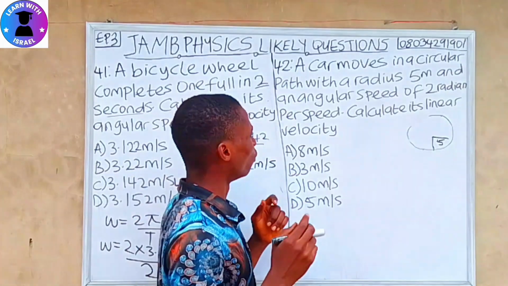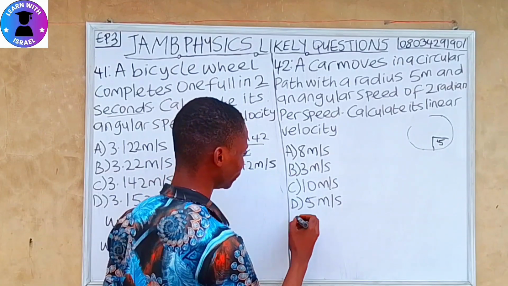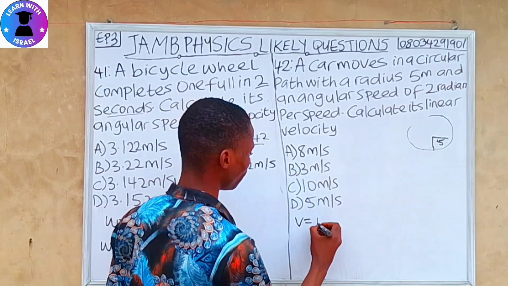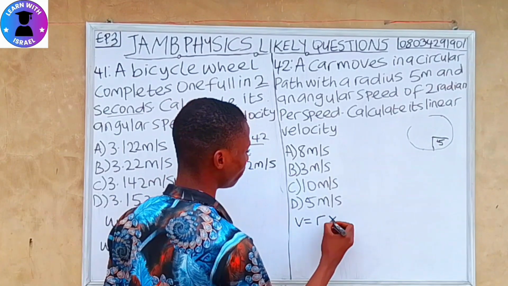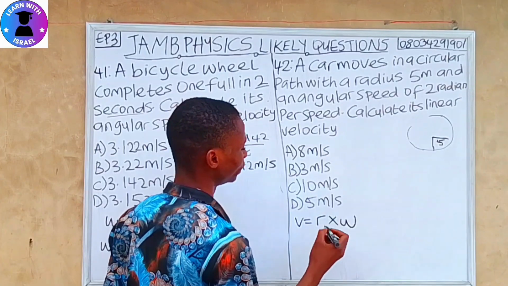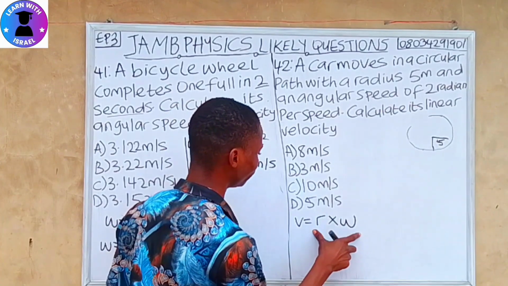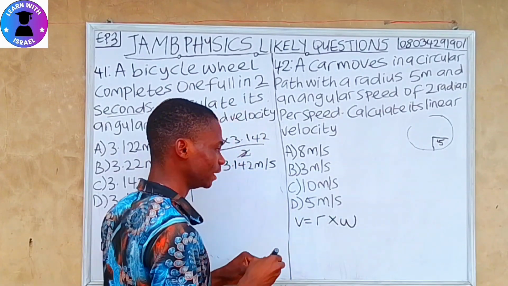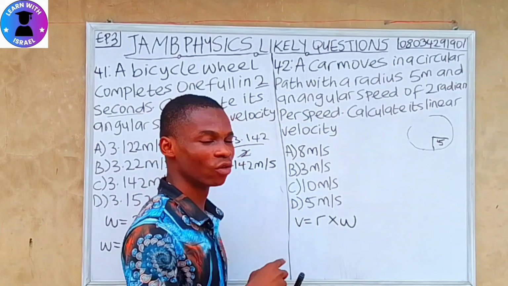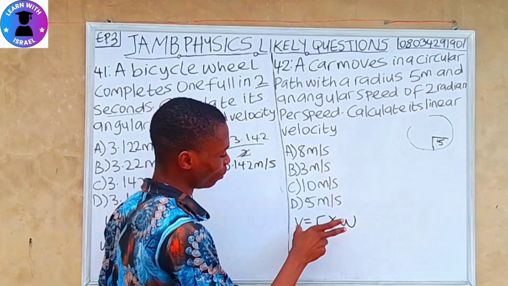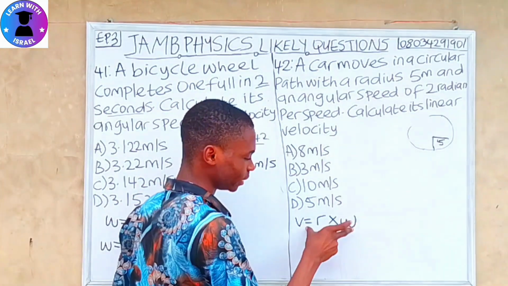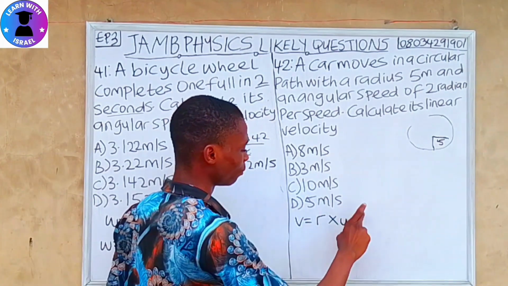The formula for linear velocity is radius multiplied by angular speed. The formula for angular speed is 2 pi over t, but the formula for linear velocity is radius multiplied by angular speed.